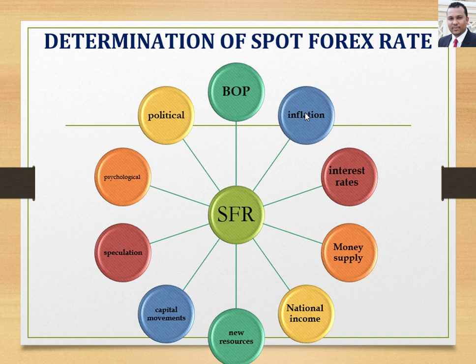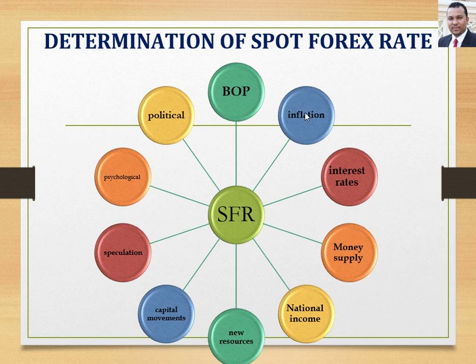But in case of any gap between the inflation rate in Egypt and in USA, this may lead to a change or fluctuation in the exchange rate in the long run, mainly in the long run.